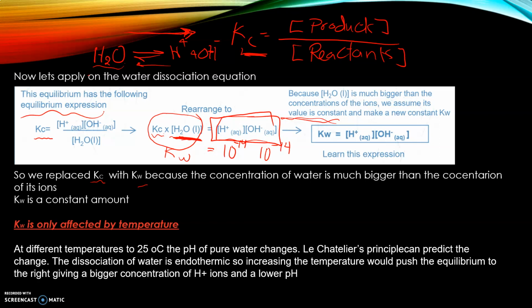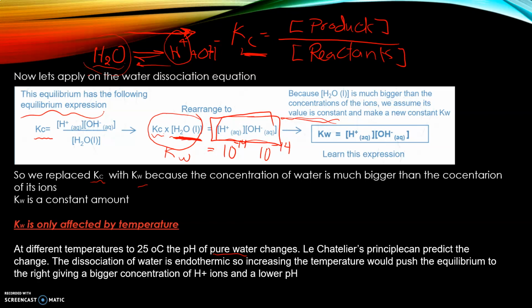So now the temperature of pure water, according to Le Chatelier's principle, can predict the change. The dissociation of water is an endothermic reaction. So an increase of temperature would push the reaction to the right side, making the concentration of hydrogen more than the concentration of H2O.